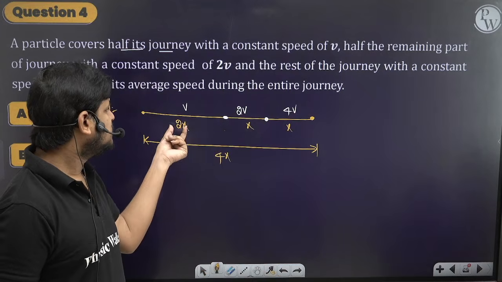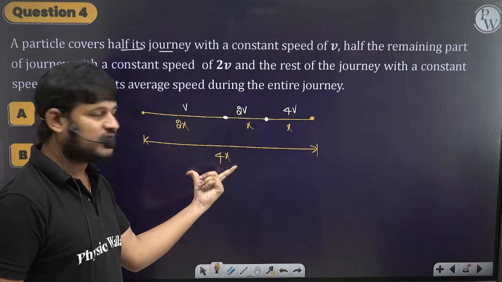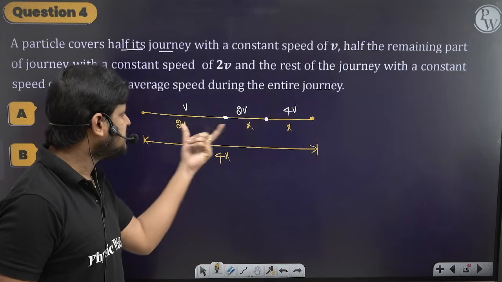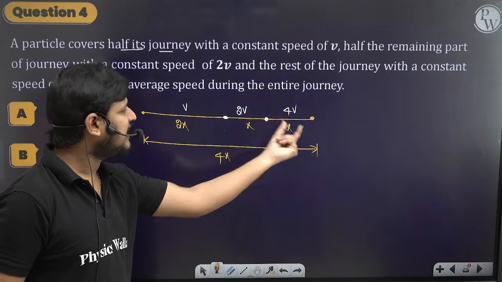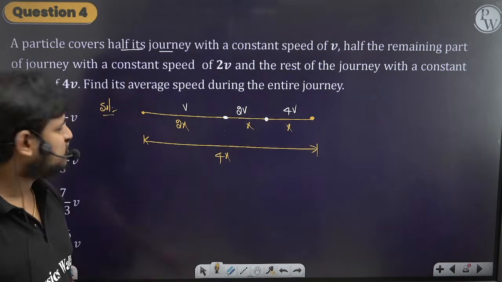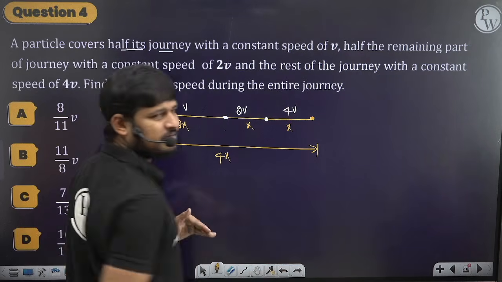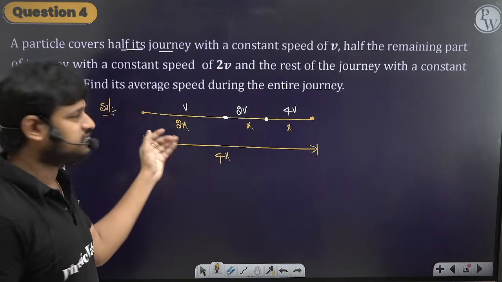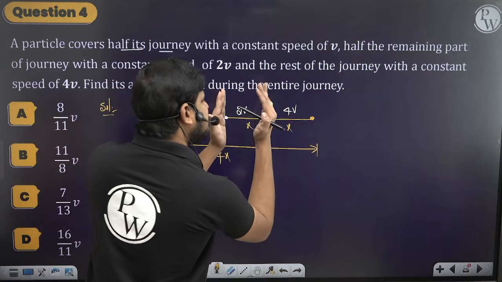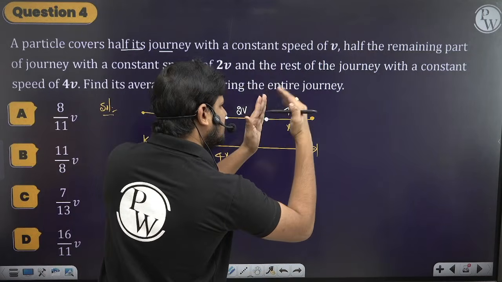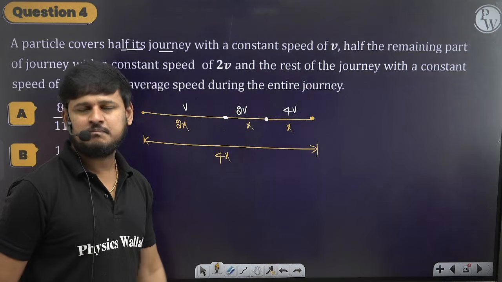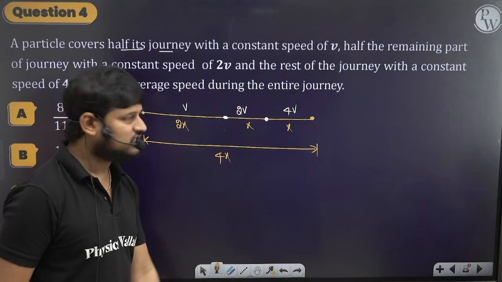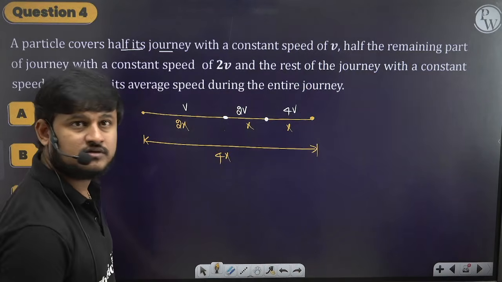So I am considering the total as 4x, so the first half will be 2x, the second half will be 2x, and again in the second half, two halves, x and x. Understood? I could take the total distance as x, but then fractions come: this will become x by 2, and again x by 2 by 2, which is x by 4. So instead of fractions, let me take the plain figures. Clear? Chal. So let's move further.